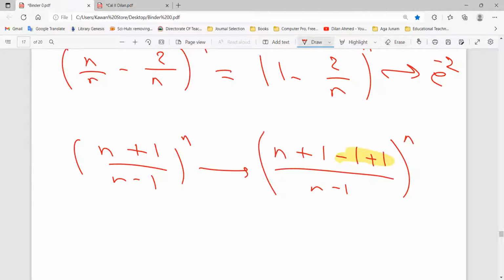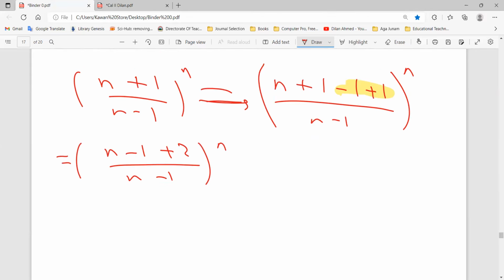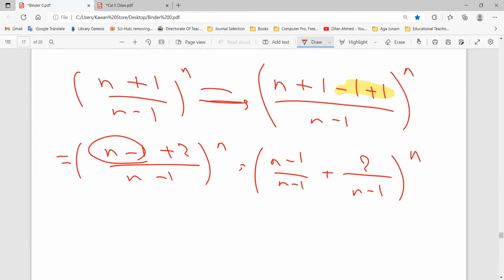It's equal to n minus 1 plus 2. Am I right? Okay. Now I'm going to separate. Am I right again? It was equal to what? You got it? Easier. So you can use the formula.